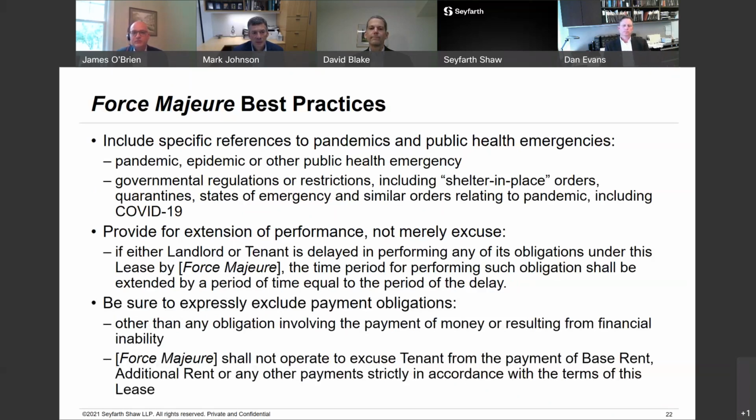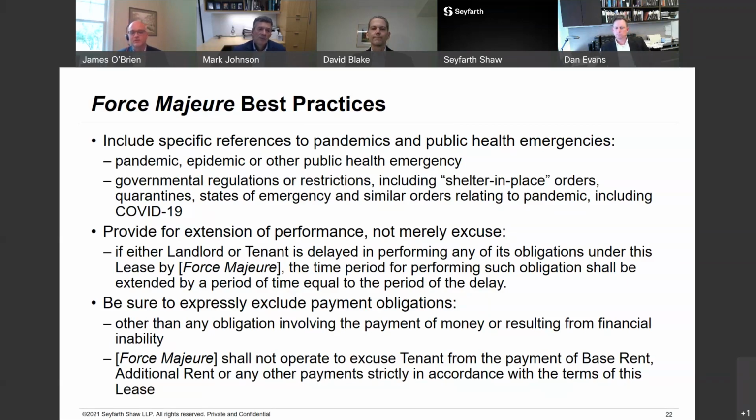Okay, so as signaled by the previous slide, you want to not make those same mistakes when you're drafting your force majeure clauses. So I think it's best to include specific references to pandemics and public health emergencies. Here are some examples on this page of how you might draft those provisions. If you're the landlord, there may be the case to be made that being less specific is better because the tenants have most of the obligations in the lease, and your preference would be, sort of not to excuse them as much as possible.